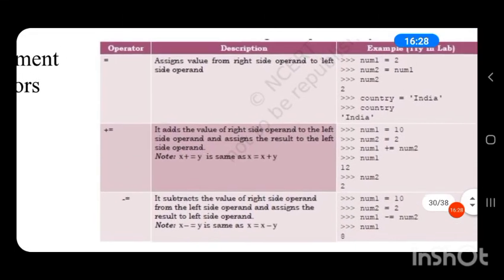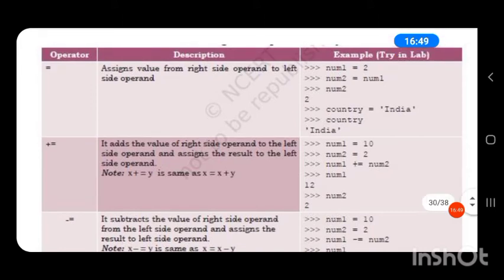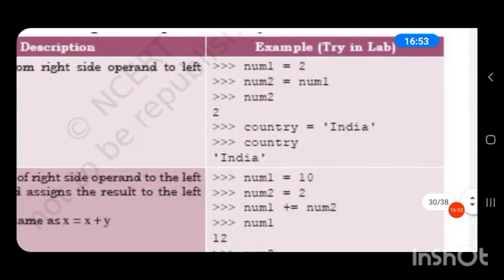Let us see the example. This assignment operator is the symbol equal to. If only a single equal to is there, then it is an assignment operator, and if two equal tos are there, then it is relational. So here num1 is equal to 2 and num2 equal to num1.